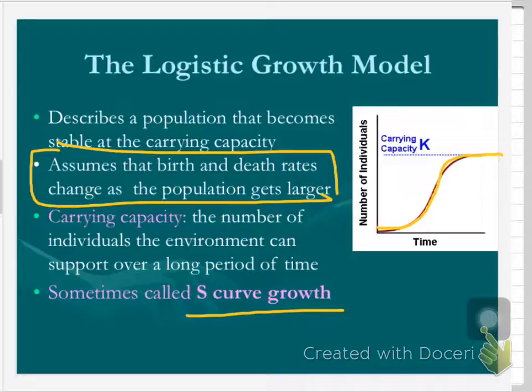And what the logistic growth model assumes is that you get to some point where it's this stable population, and it just fluctuates around this stable point, and that would be what's called your carrying capacity. And carrying capacity is how many individuals can actually live in that environment over the long term.